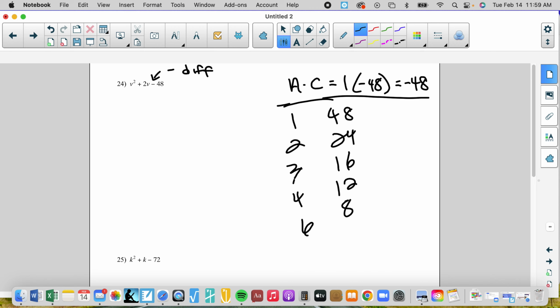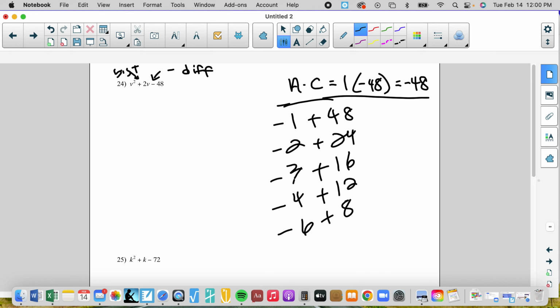If this is negative, the signs are different. And we look here, and the bigger of the two is positive. 48 is bigger than 1, so the 48 gets the positive, the 1 gets a negative. Positive, negative. So all of the bigger will be on this side, all the smaller will be on this column. So I know that all of these numbers on the right, because I placed them small to big, will be on the right. So I can just go down.